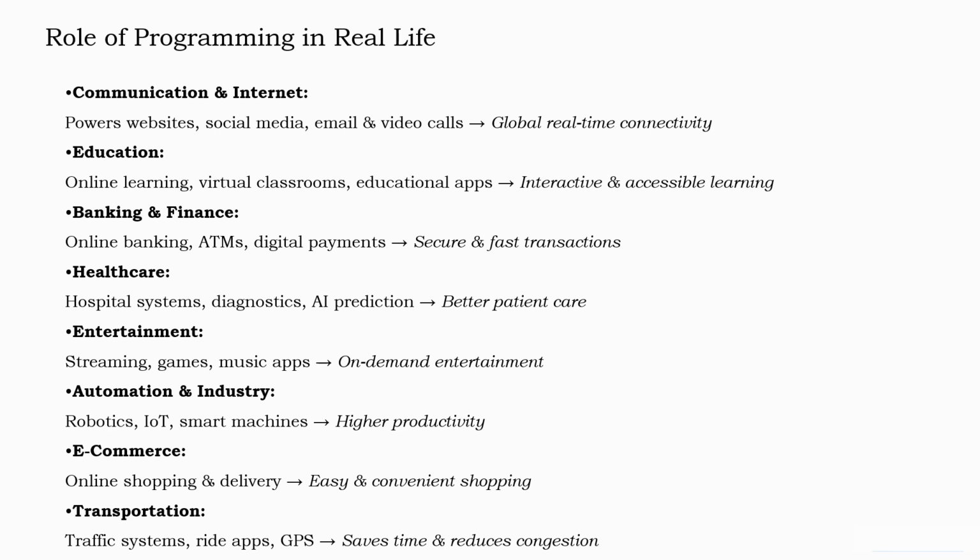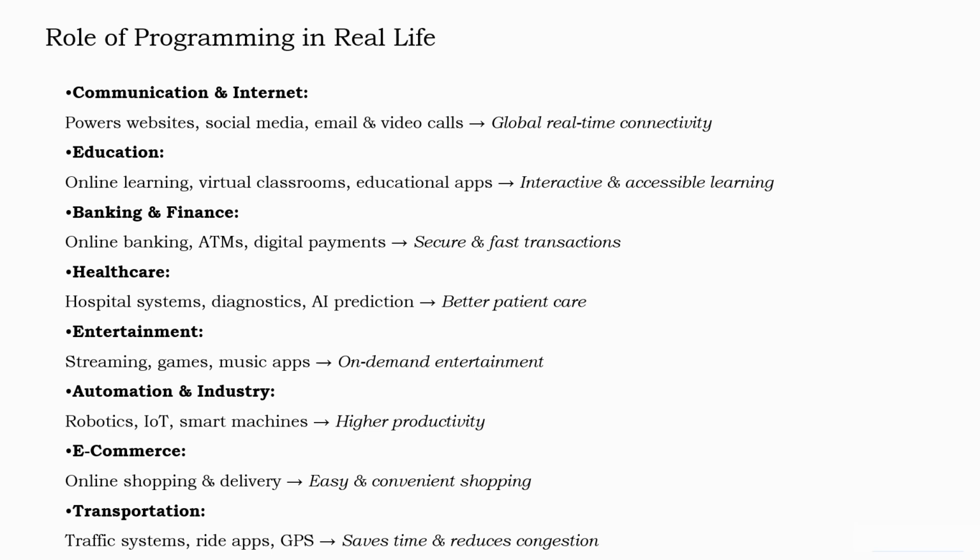When it comes to transportation, programming controls traffic management systems and GPS navigation, and examples all of you are familiar with are Uber and Google Maps. This helps us save time and reduce congestion. In entertainment, programming drives video streaming platforms, online games, and music streaming apps, with examples like Netflix and Spotify.